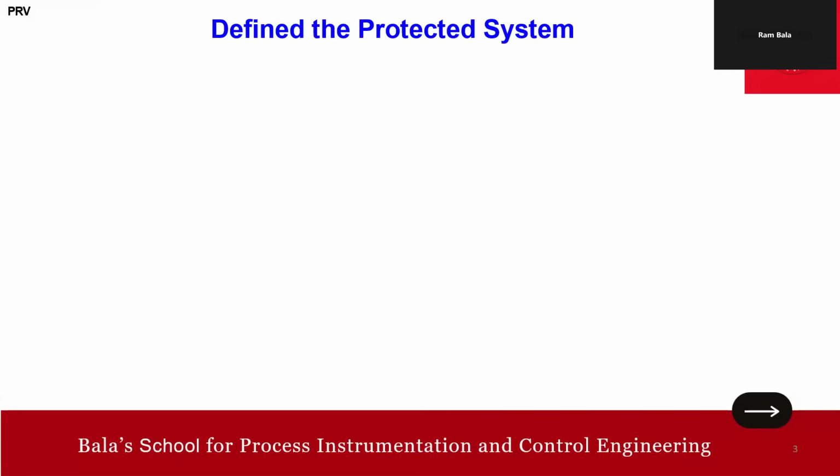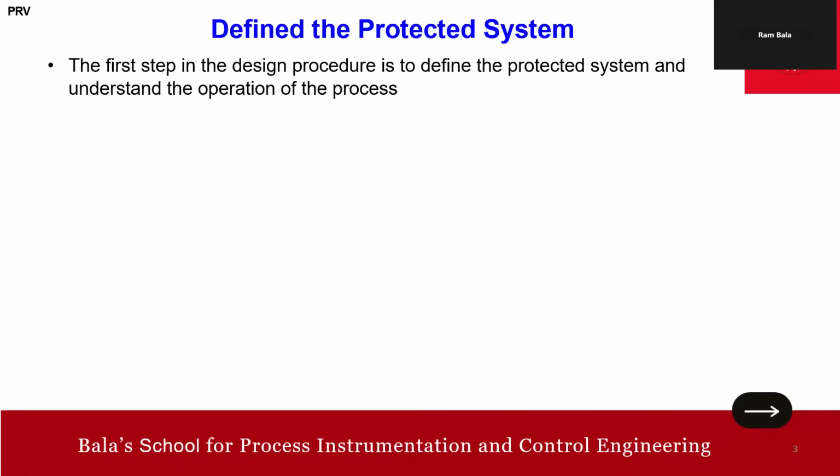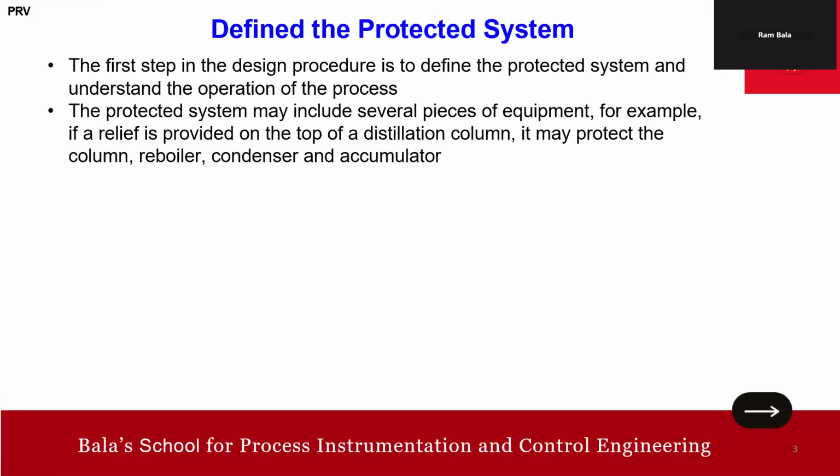Okay, so define the protected system. The first step in the design procedure is to define the protected system and understand the operation of the process. Hope you agree with that. The protected system may include several pieces of equipment. For example, if the relief is provided on top of a distillation column, it may protect the column and also the reboiler, condenser, and accumulator.